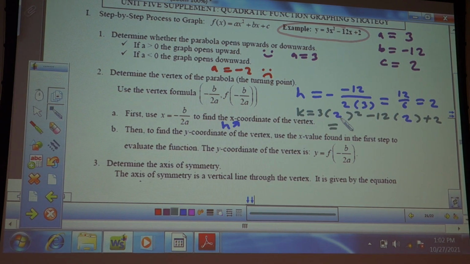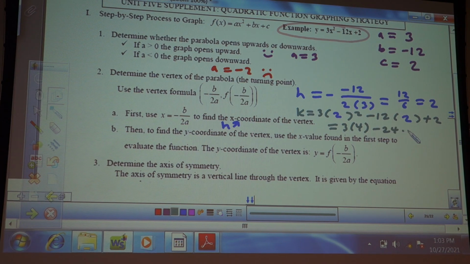So that's 3 times 4 minus 12 times 2, which is 24, plus 2. 3 times 4 is 12, so it becomes 12 minus 24 plus 2.